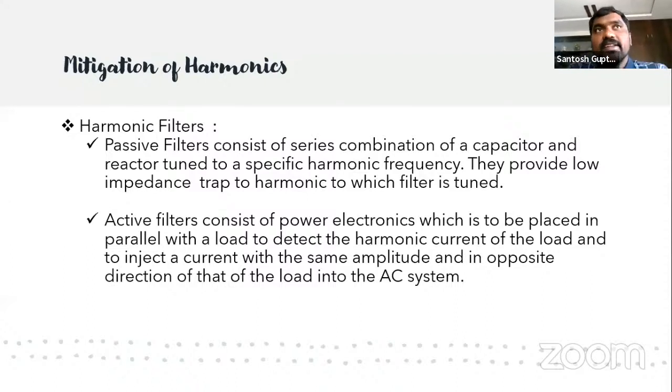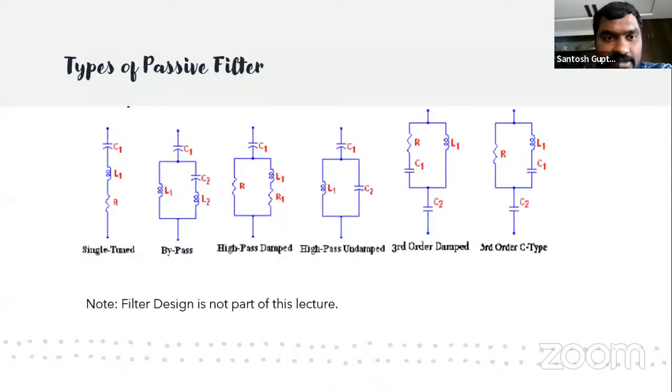If your system is creating harmonics like the 5th, 7th, 11th and 13th, then we need to put a filter. A filter is basically a capacitor and a reactor in series. This has to be tuned. If it is tuned for the 5th harmonic, whatever 5th harmonic is generated in that system will pass to that filter. Let me show you that in the next slide.